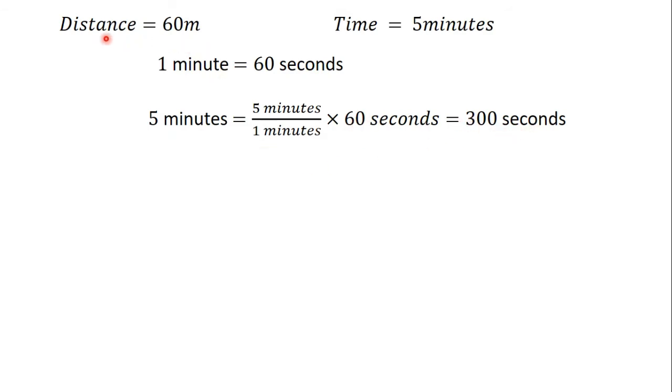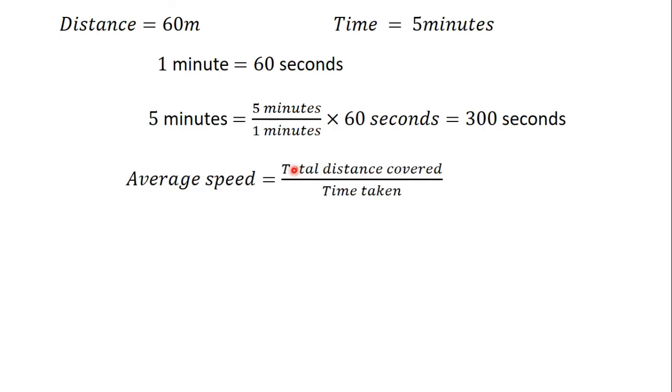Now, we have the distance covered by the car in meters. We have the time taken to cover that distance in seconds. So we can find the average speed of the car in meters per second. We know that the average speed is equal to the total distance covered divided by the time taken. The total distance covered is 60 meters.